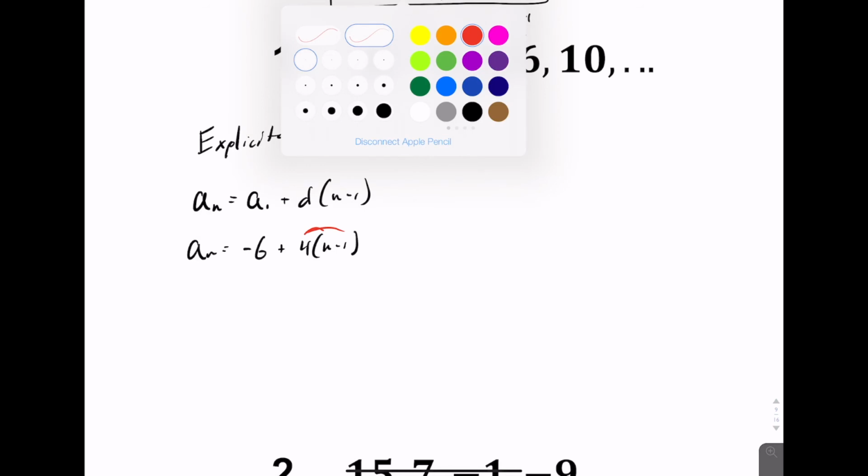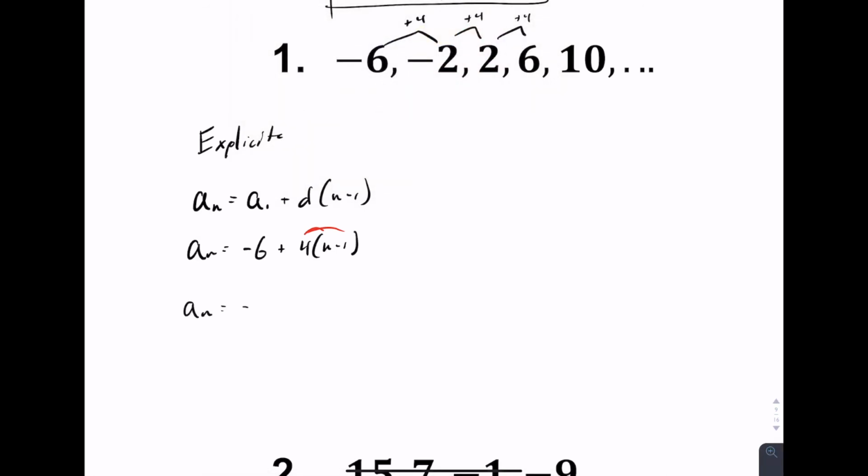So you get an equals negative 6, and then plus 4n minus 4. So then we can just simplify there. That gives us an equals negative 10 plus 4n. And there we go. We have our formula.